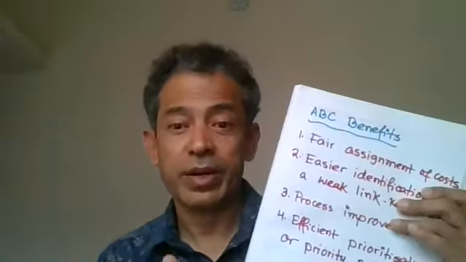All right. So it makes it, as I said, easier to identify weak links. So the products that you need to drop, or the regions that you need to not even go to, or the customers that you would like to drop, you can find it better from ABC-based costing. And then process improvement. Once we know the weak links, we can take care of it.